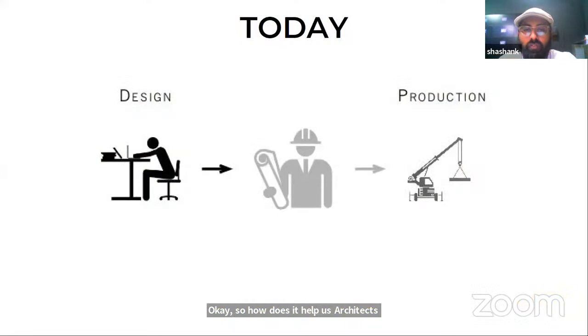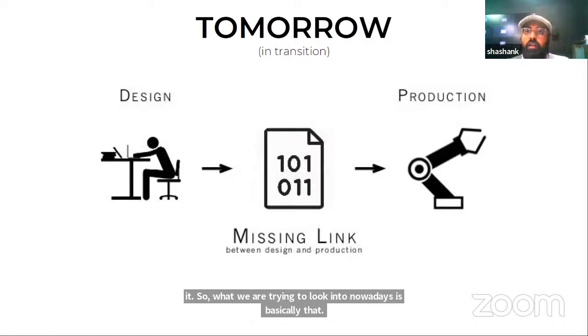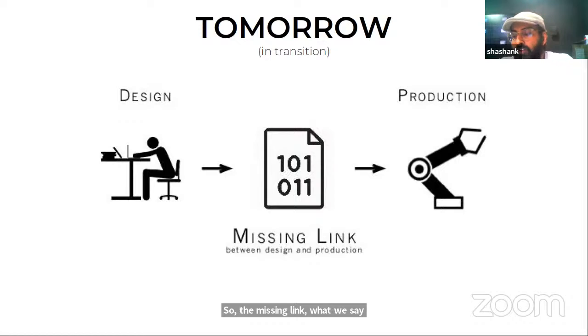The traditional way of working is that we design, make our files, and give them to the contractor, who says, okay, let's get a JCB and start construction. There are a lot of humans involved in between, and there are human errors involved. So what we are trying to look into nowadays is reducing that middle person and the human errors. The missing link is that today we are going all digital.